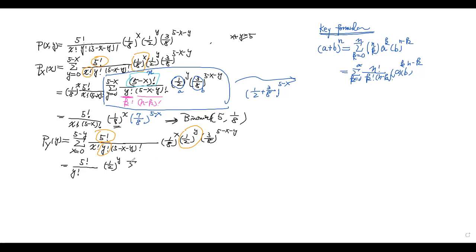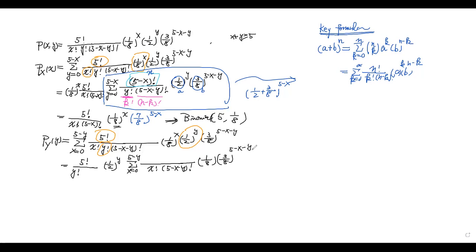Now here, this is the summation, x from 0 to 5 − y. So I have x factorial, then I have (5 − x − y) factorial, then here this is 1/8, and this is 3/8 to the 5 − x − y.